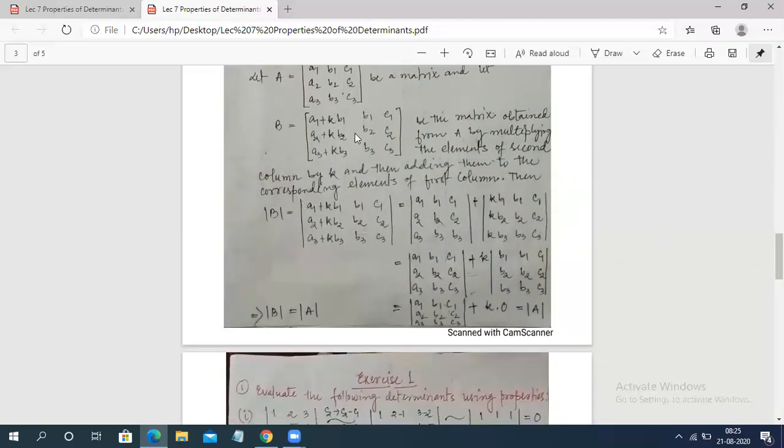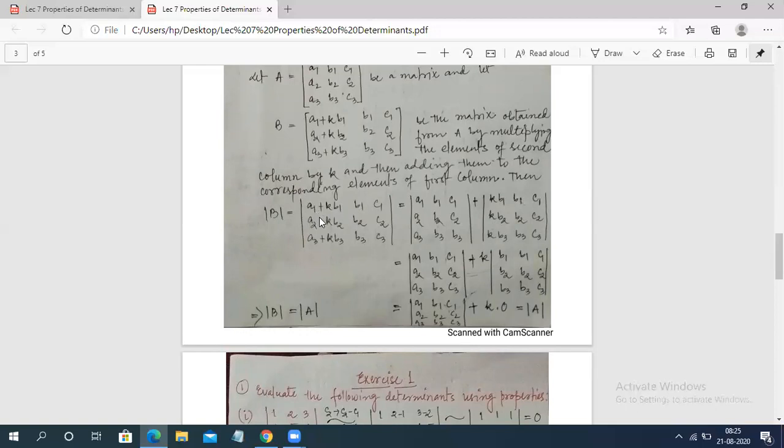If this is the determinant, we are going to find the determinant value of this matrix B. So determinant of B is the determinant of this whole entry. Now the first column C1 can be written as the sum of two determinants, because this is the sum of two terms.